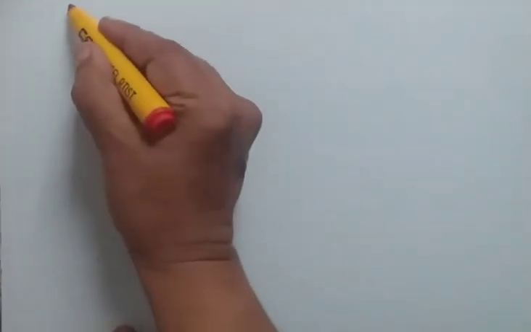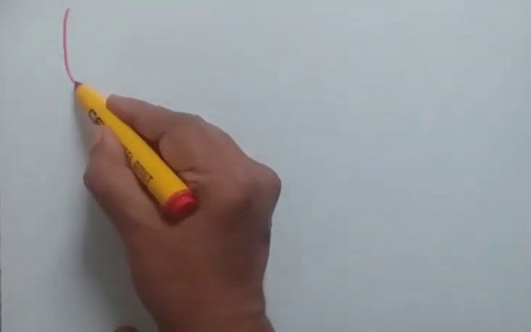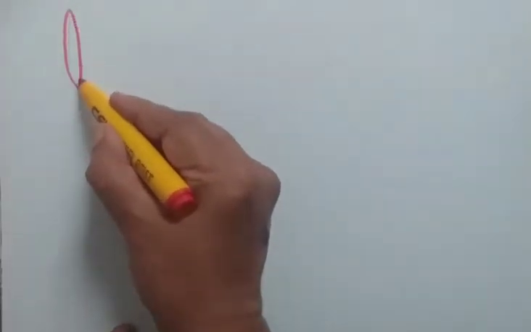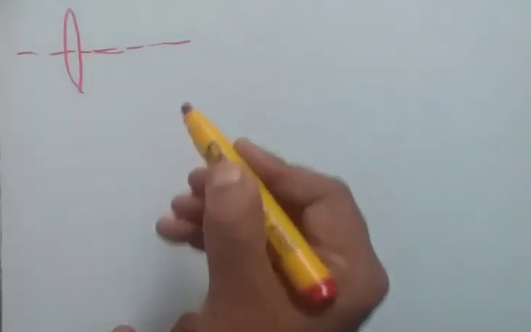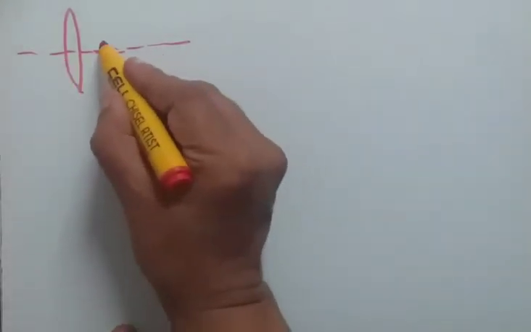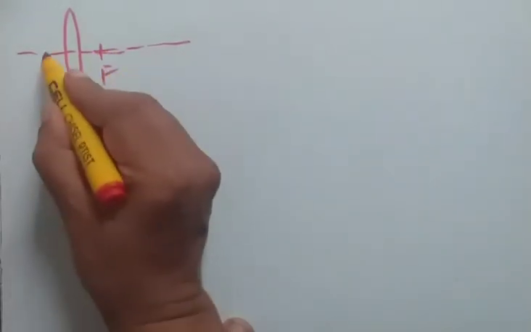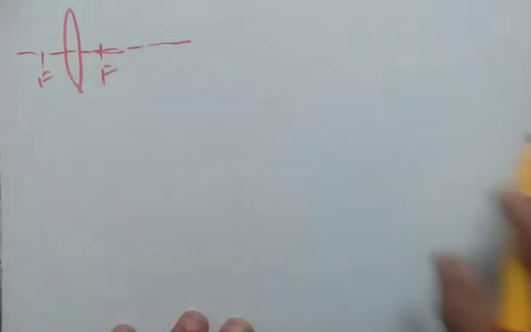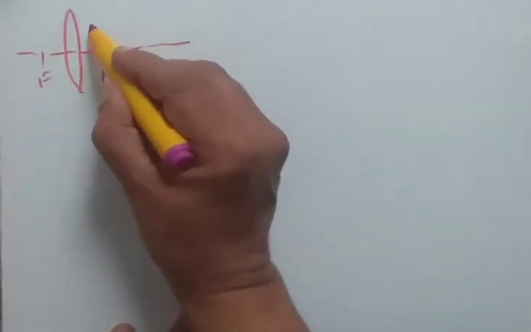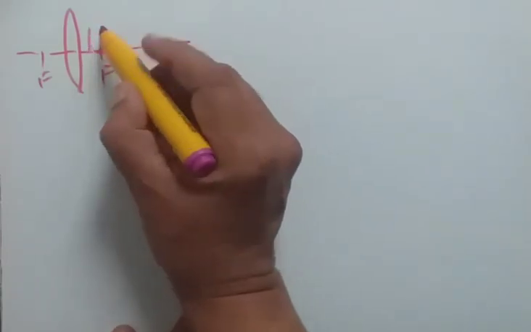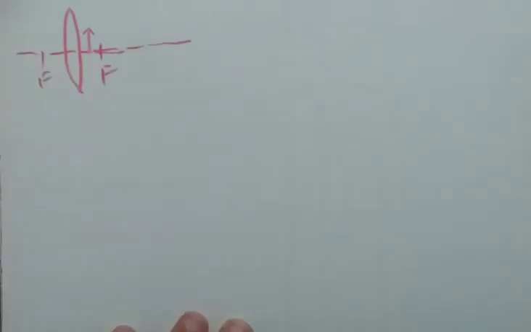Say this is the lens of short focal length and this is the principal axis. This is the focus on both sides. We imagine an object which is kept, say, just beside the focus, within the focal length.